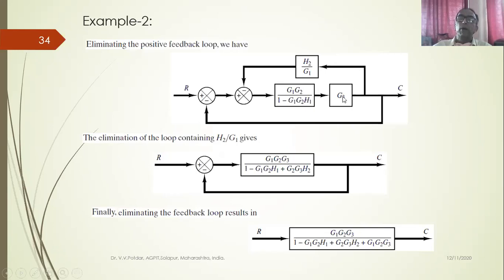All the feed forward block elements G1 G2 G3 upon 1 minus G1 G2 H1 will be in the numerator, and the denominator will be 1 plus all these elements into H2 by G1. So this is how I get a single block.